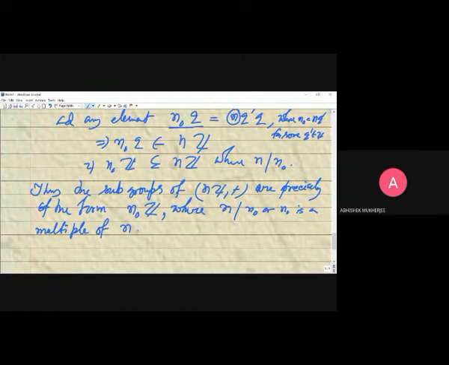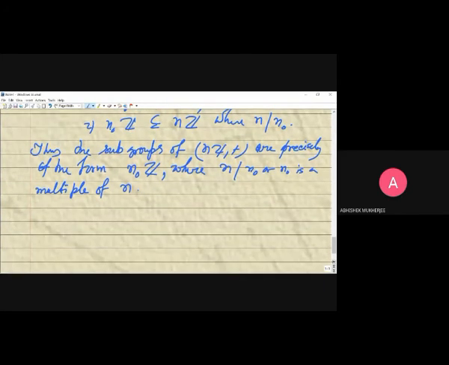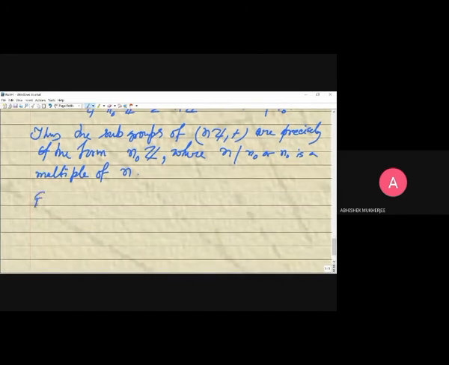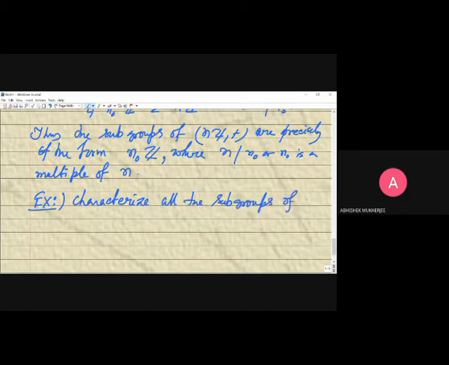Now I would like to give you an exercise: characterize all the subgroups of Zn plus, for n greater than or equal to 2.